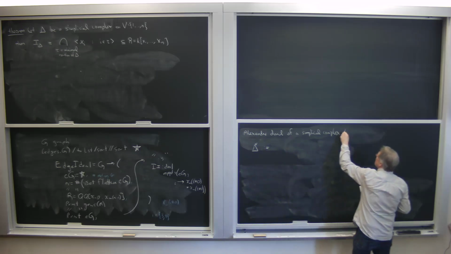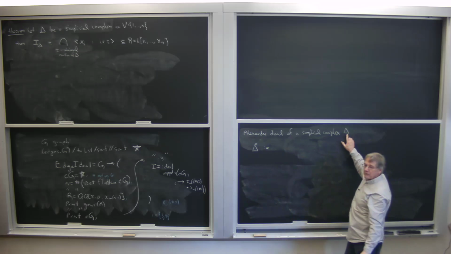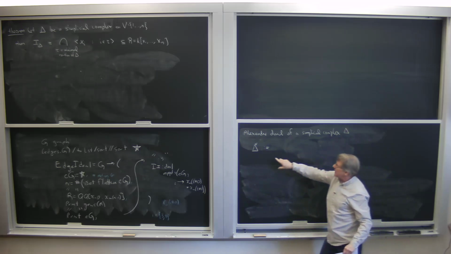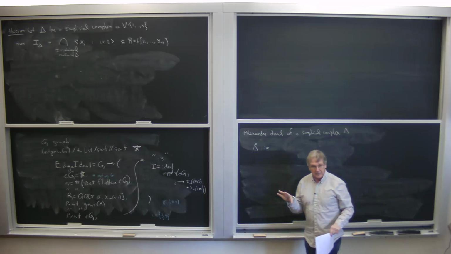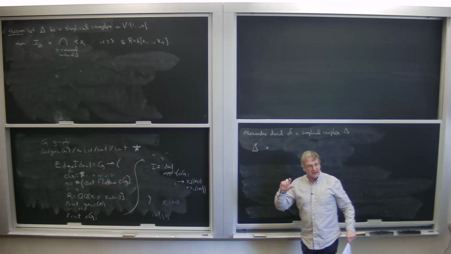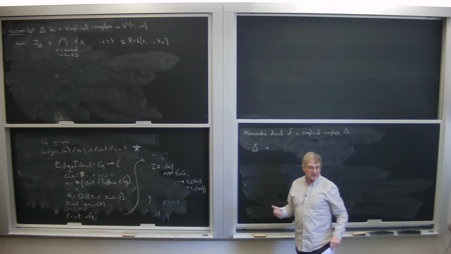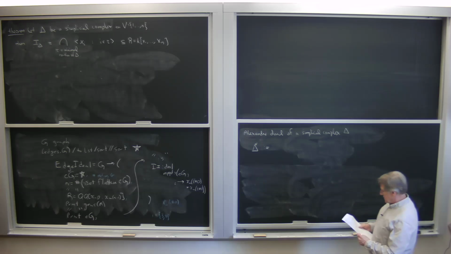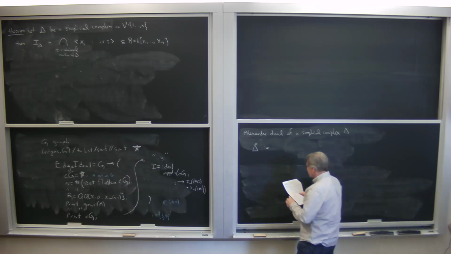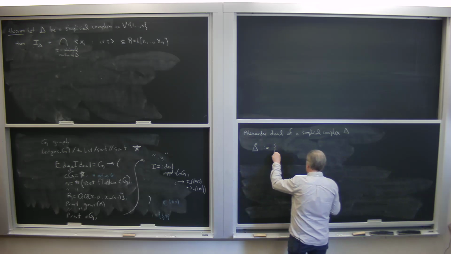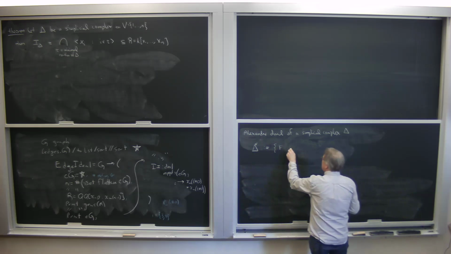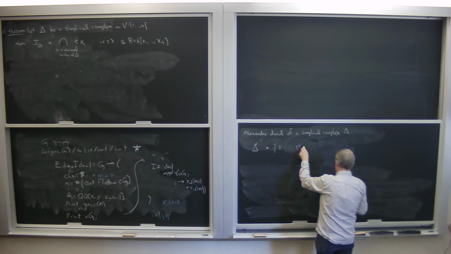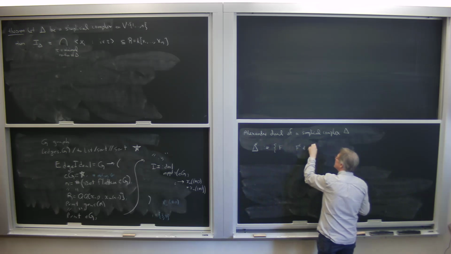Okay, given a simplicial complex delta, I have a set of vertices 1 to n, or 0 to n minus 1, I don't really care, but it's a finite number of vertices. Actually, for all of these things I need finite because we're taking complements. So this is the set of all F's, which are subsets of V, such that the complement of F is not in delta.